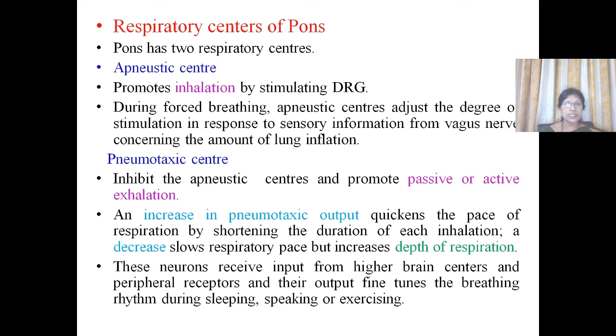These neurons receive input from higher brain centers and peripheral receptors, and their output fine-tunes the breathing rhythm during activities like sleeping, speaking, or exercising.